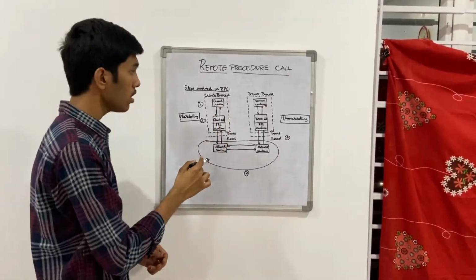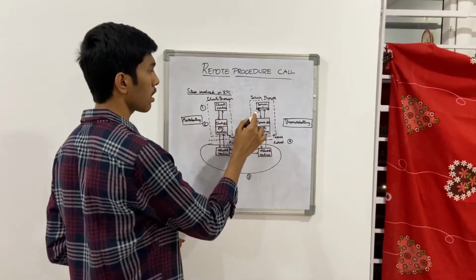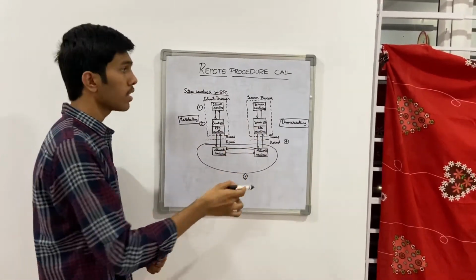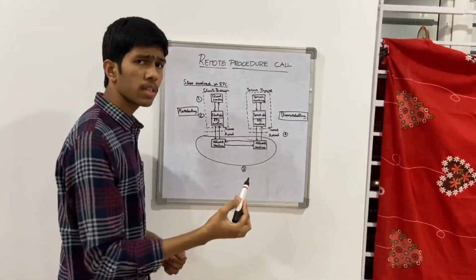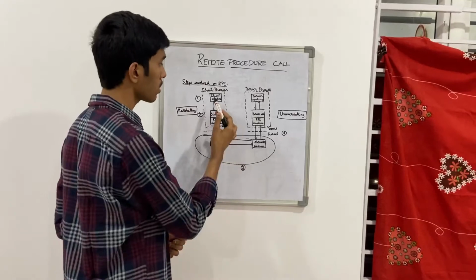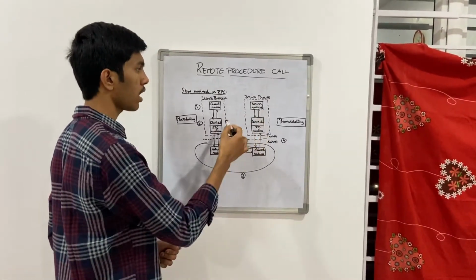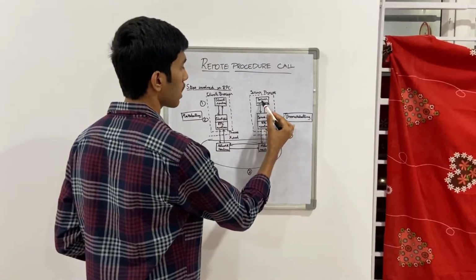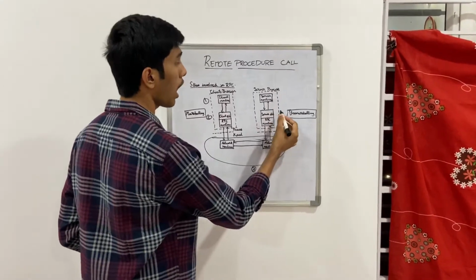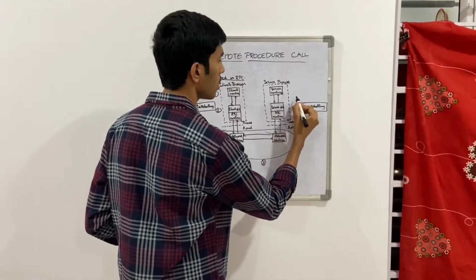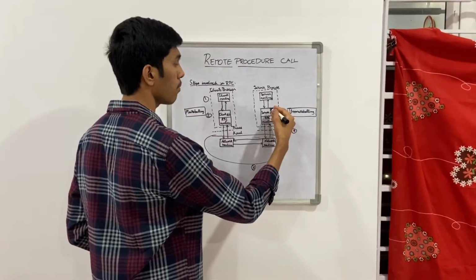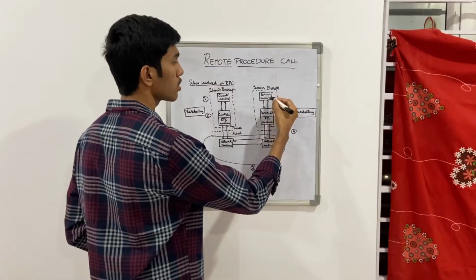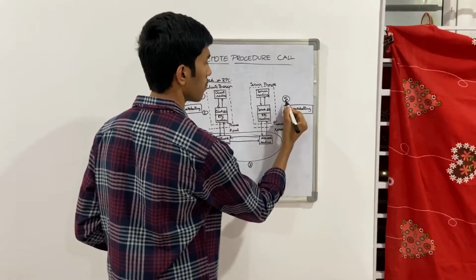As you have seen, the client sends a request to the server, and in a similar way, the server sends the reply to the client. I forgot to say that the transfer of message packet, parameters and execution can be taken as step 5.